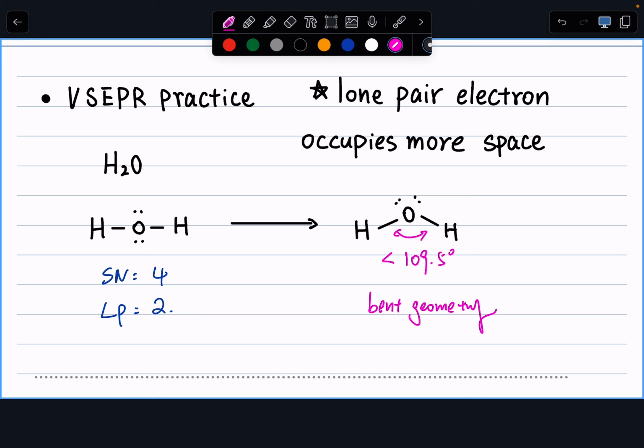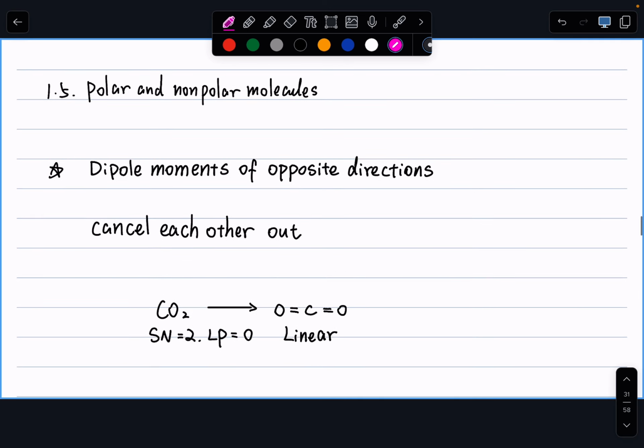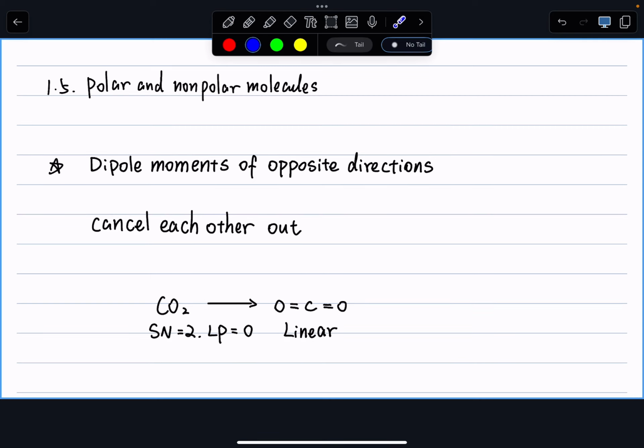And before we move to quantum bonding theory, we have one more concept I want to, again, emphasize. That is polar and nonpolar molecules. When we're talking about polarity, we already went over the discussion of a polar covalent bond.